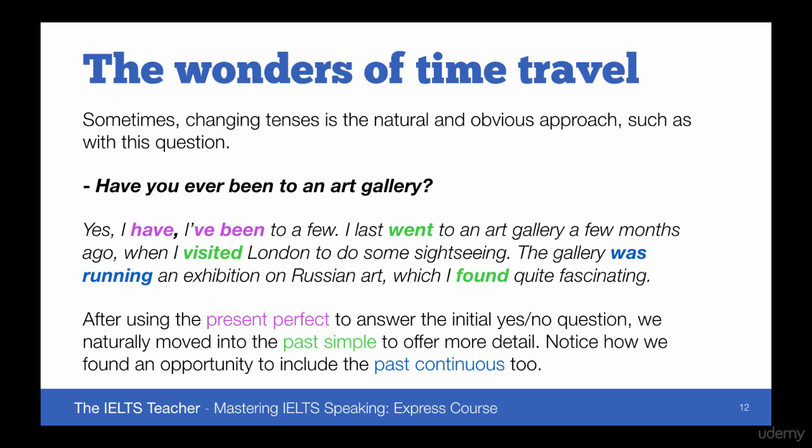We then naturally move into the past simple. It's quite a natural progression here. It'd be a bit strange to stay in the present perfect to offer a bit more detail. But notice that we've also found an opportunity to include the past continuous too. The gallery was running. That takes a little bit more thought and consideration.